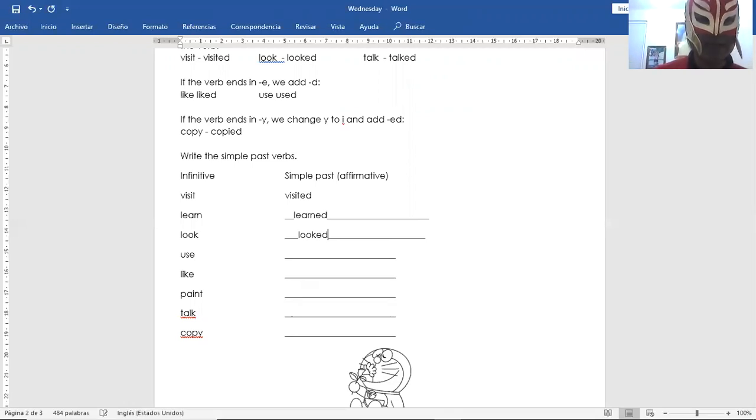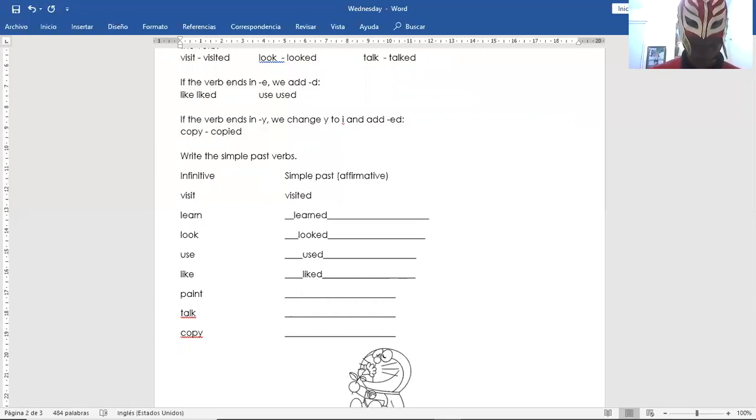The next verb is use. So we only write a d, used. The next verb is like. So it's like this, liked. Only a d, because you already have an e, all right? The next verb is paint.